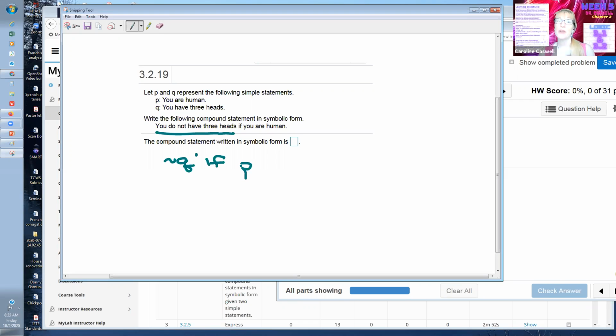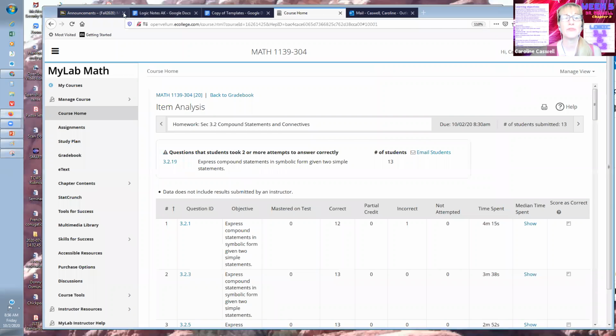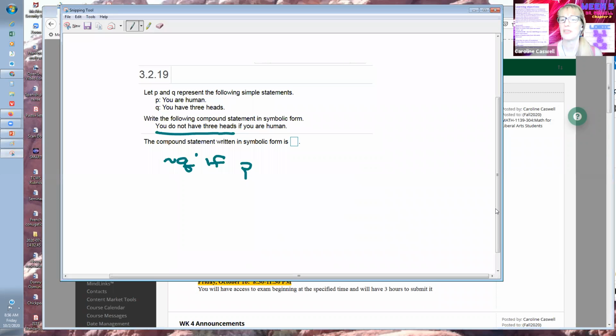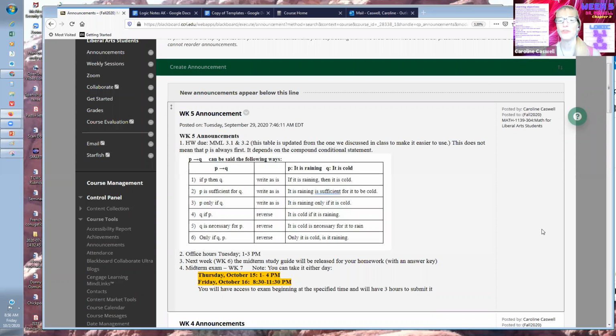So I have to decide whether I'm going to write not Q with the arrow P, or if I'm going to write P, arrow not Q. So what we want to do is go back to the announcements from today where I said the word if. Which one of these 1 through 6 are we dealing with on this exact example? Our example is not Q if P. 1, 2, 3, 4, 5, or 6 is what we're talking about right now. 4.